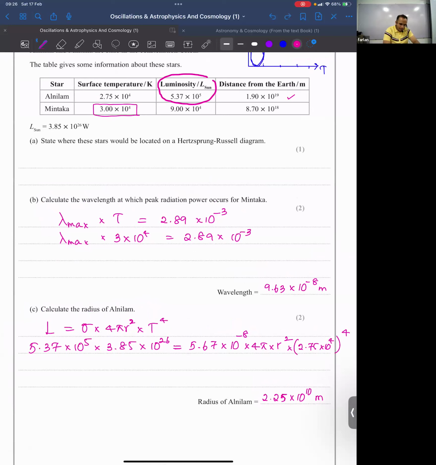That means what is given here is how many times the luminosity of that star is the luminosity of the sun. What is given there is a ratio between the luminosity of the star and the luminosity of the sun. So the luminosity of that star will be this ratio multiplied by the luminosity of the sun. Isn't it? Yeah, sir. Thank you.